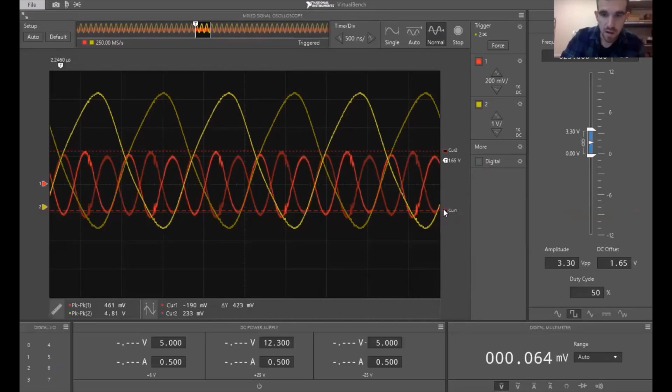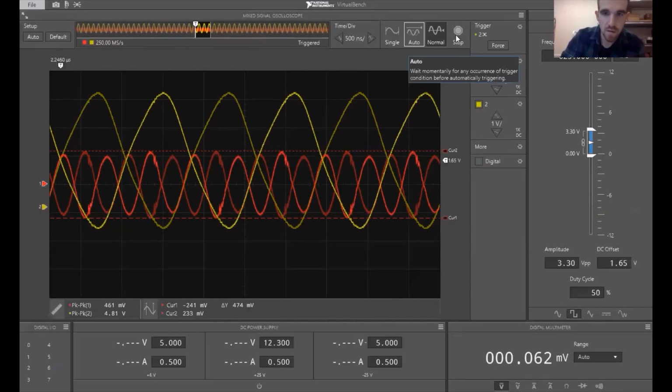So I get an eye height of 474 millivolts.